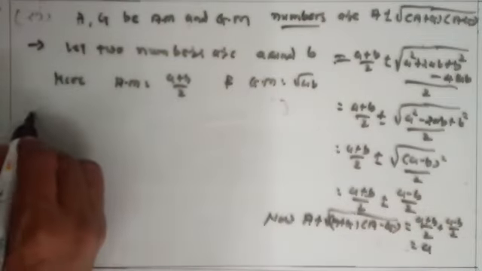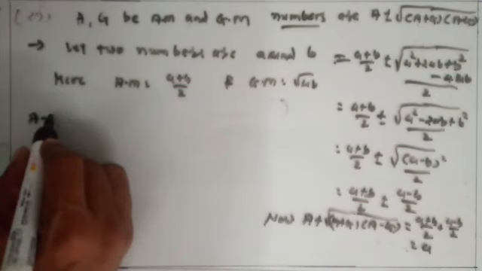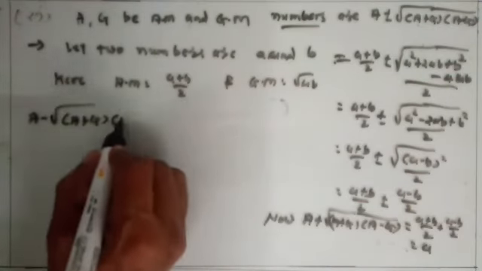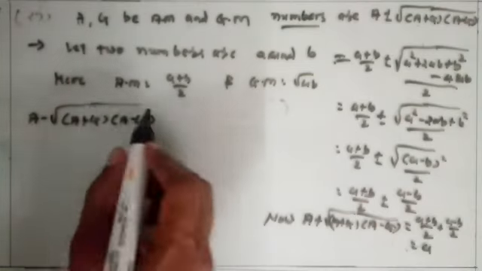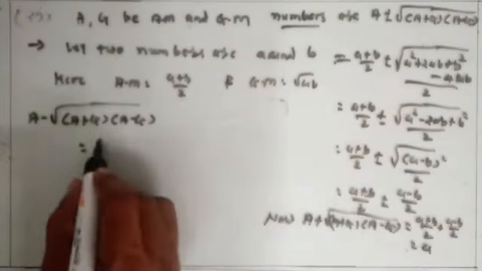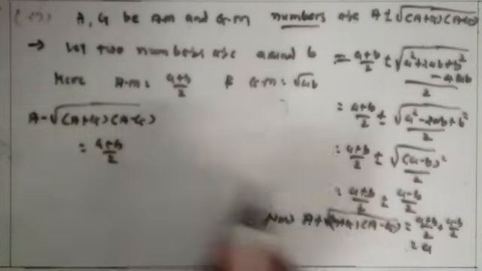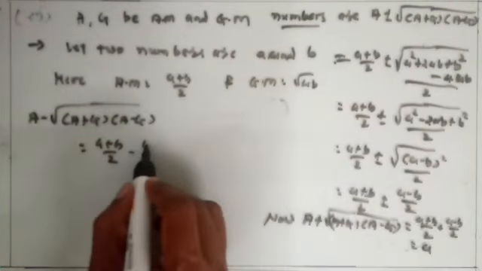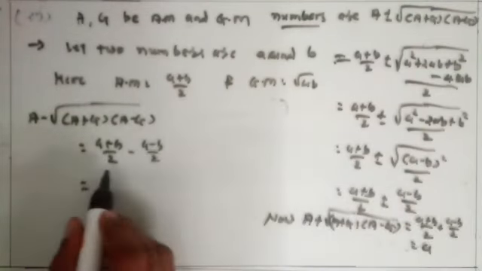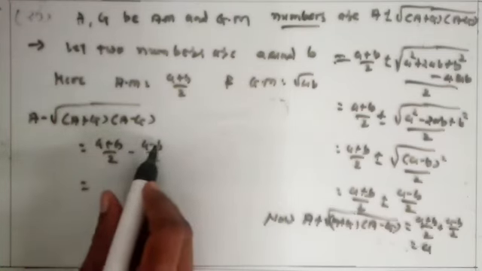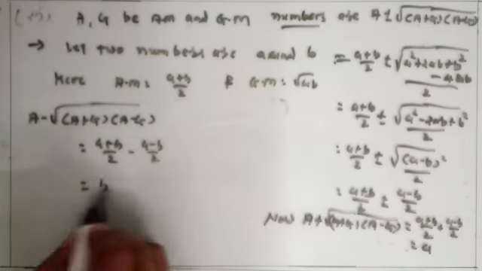Now the second number is A minus root of (A plus G) into (A minus G), which is equal to (a plus b) upon 2, here we take the minus sign, that is subtraction. So minus (a minus b) upon 2. Take LCM, so we get a plus b minus a plus b. Minus a plus a cancel. b plus b become 2b upon 2, that is b.